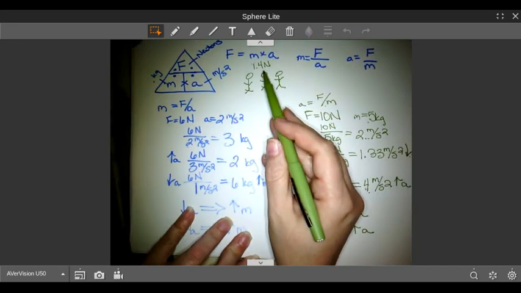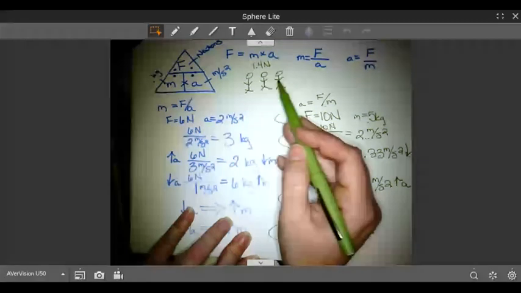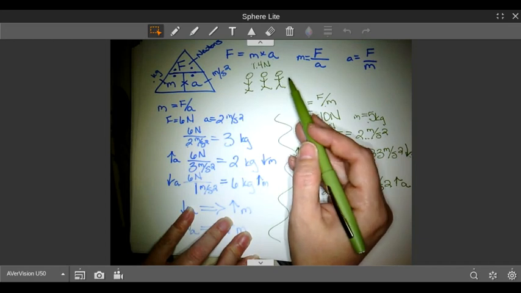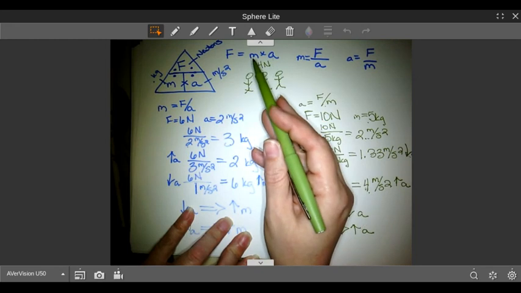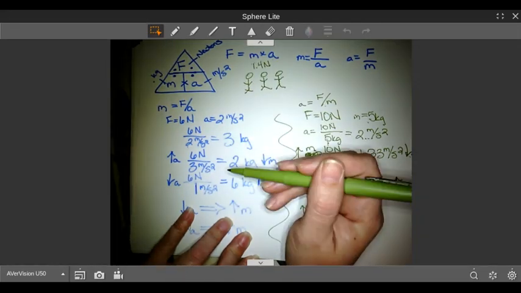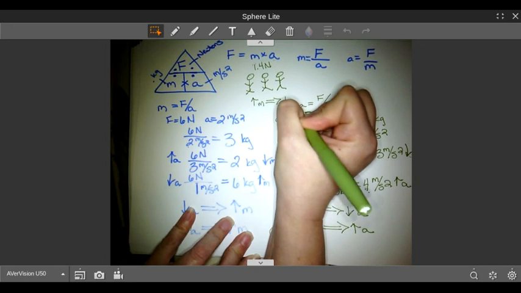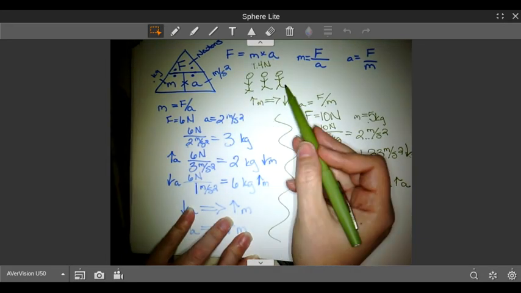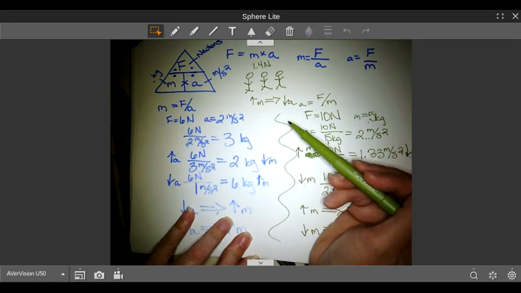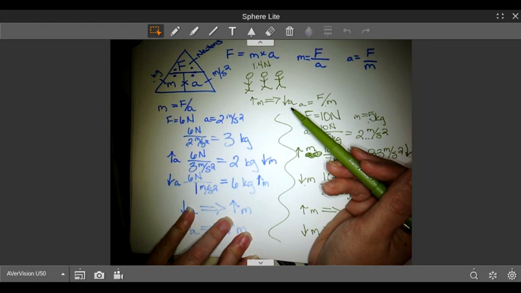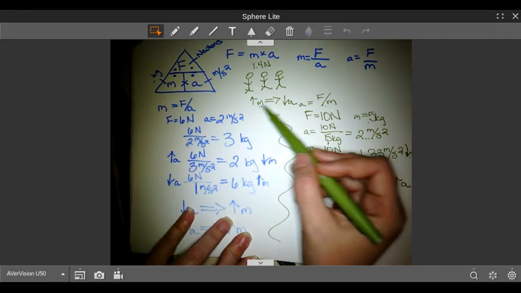If they're all running with the same force, that means whoever has the biggest mass is running the slowest, because the biggest mass would have to be the slowest acceleration. Remember, if mass increases, then acceleration decreases. That also means whoever has the less mass, their acceleration is going to be the highest, because if you increase acceleration, that means the mass has to be small. So whatever you're looking at, these have to be the opposite of each other.